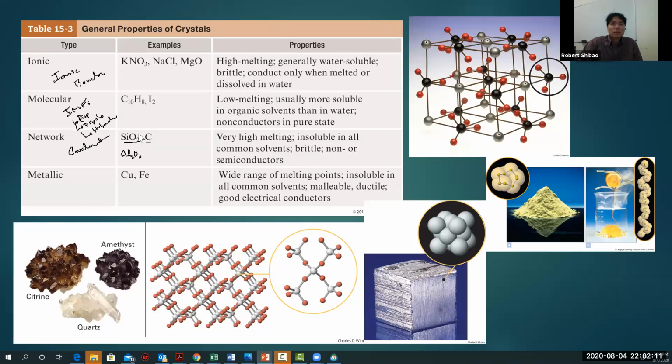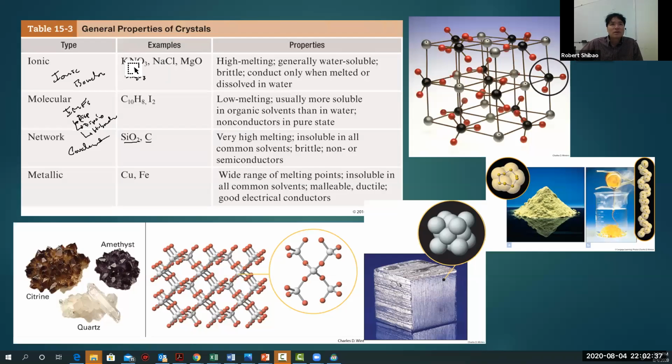Actually, this shouldn't be here. Sorry. Quartz is covalently bonded, and diamond is covalently bonded. But aluminum oxide has very strong bonds, but not covalent bonds. I need to move that. Aluminum oxide belongs up here.